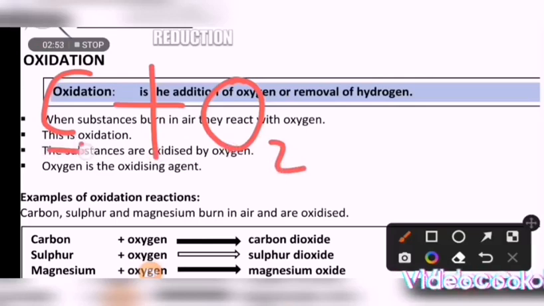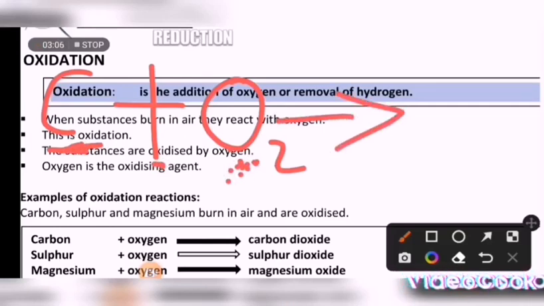When we add oxygen to any element, to any atom, that reaction that is taking place is called oxidation. Why? Because there is an addition of oxygen. That is oxidation.